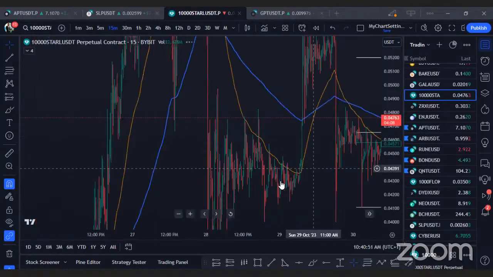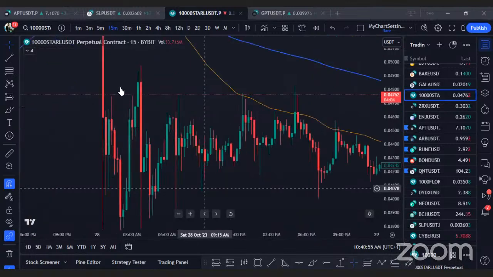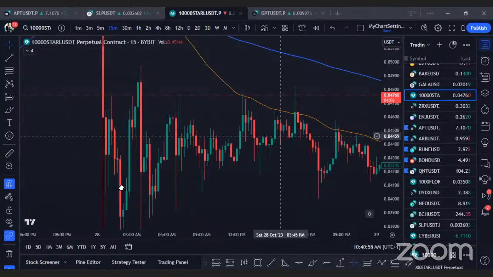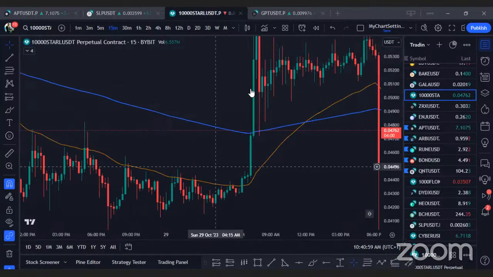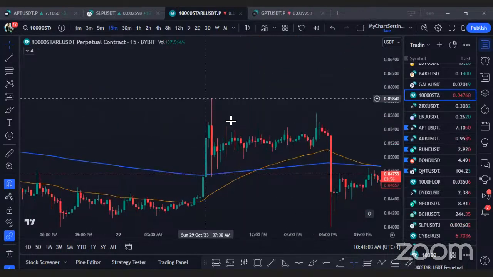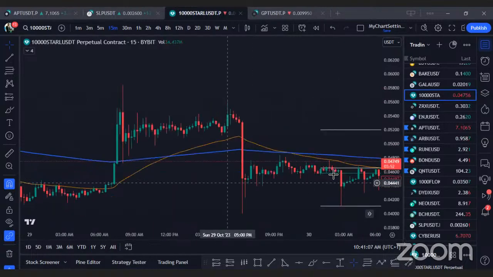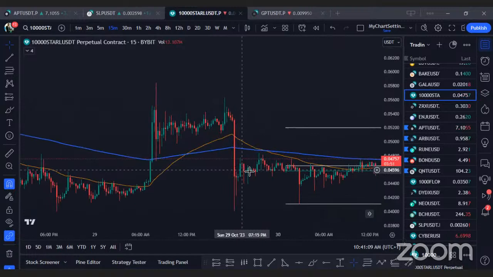The scalping started here, this area. This is where I started scalping and then eventually went to church, came back, and this broke out. Boom. Then I decided to close and it came back down again. So yeah, 15 minutes and 5 minutes are a good time to scalp.